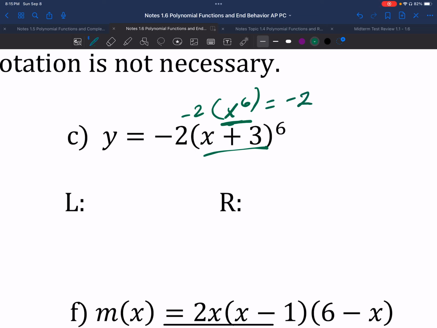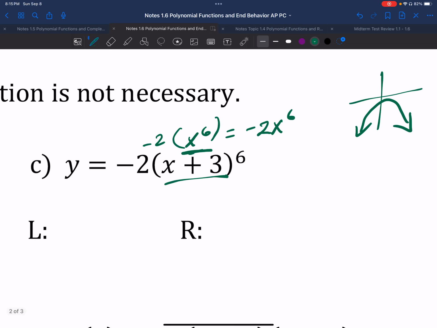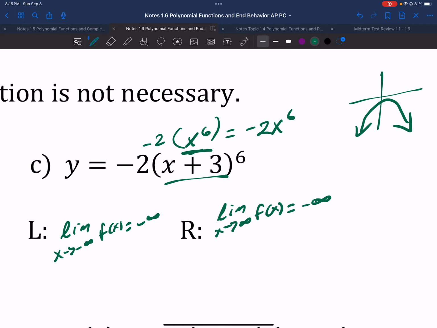So that will be my leading term, negative 2x to the power of 6. So again, it will look something like this one, same behavior for the left side and the right side. So I'm going to say the limit as x approaches negative infinity, I'm just going to call it f of x, is going to be negative infinity, and then same thing for the right. The limit as x approaches infinity for f of x is also going to be negative infinity.